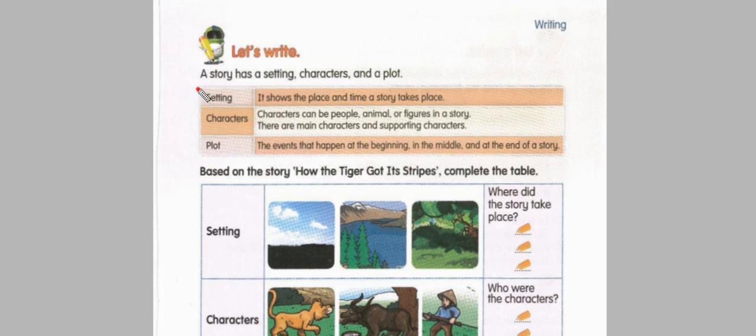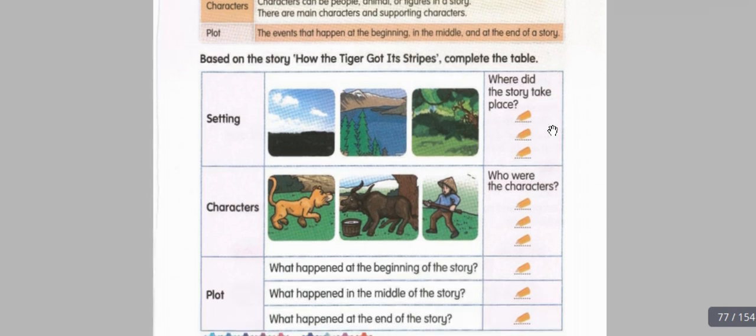Those three things are the setting, the characters, and the plot. If you want to write a good story.